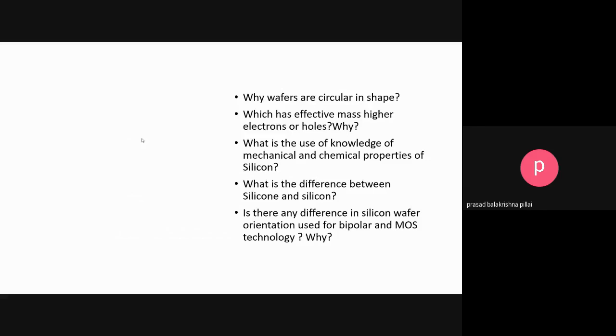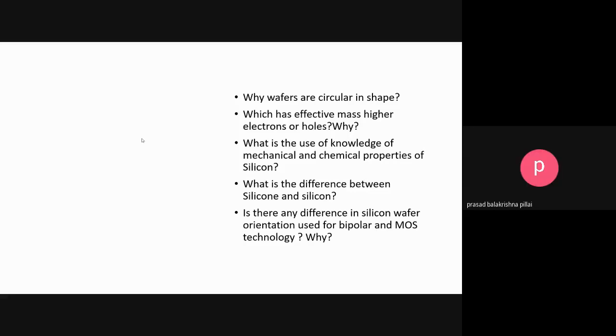What is the shape of your chips generally? Is it also circular? No, sir. What is the shape? Rectangle. It is rectangular, not square very often.